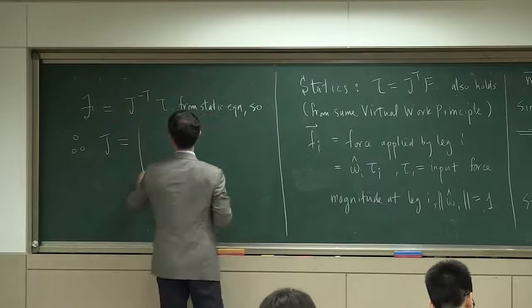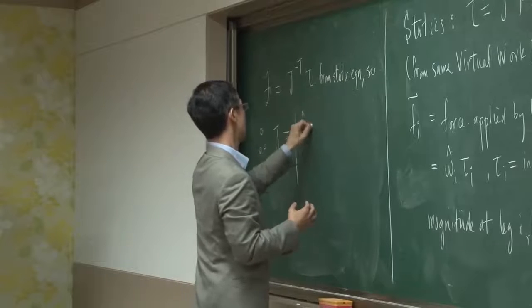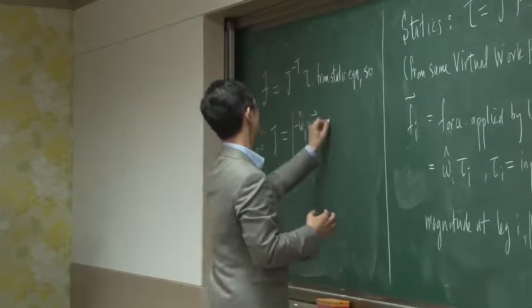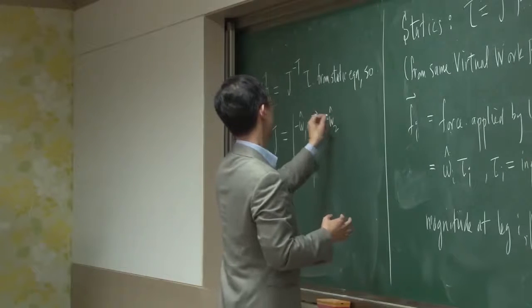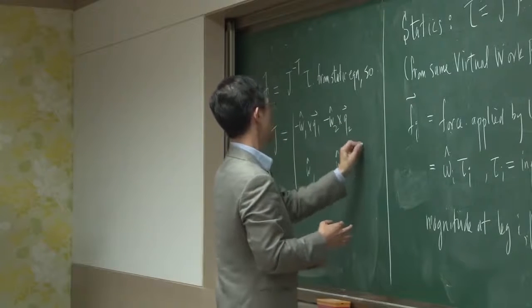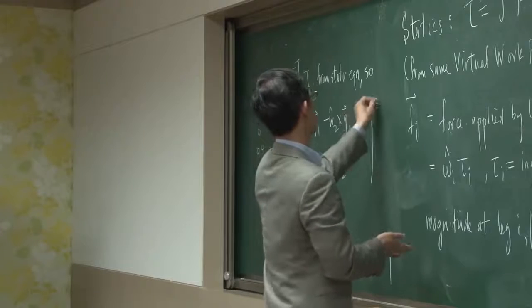Okay, so let's write it. It's minus omega 1 cross q1, omega 1, omega 2, minus omega 2 cross q2, omega 2. It's this inverse transpose.